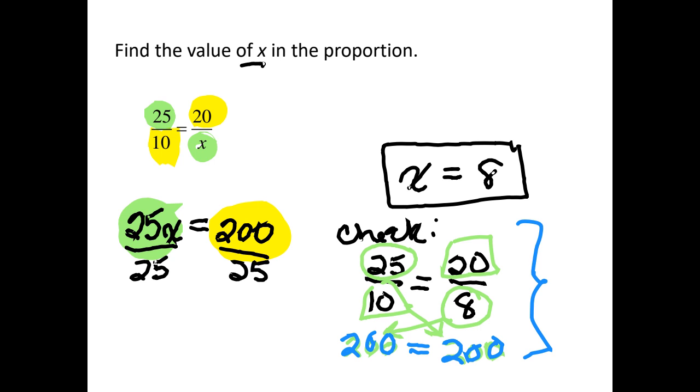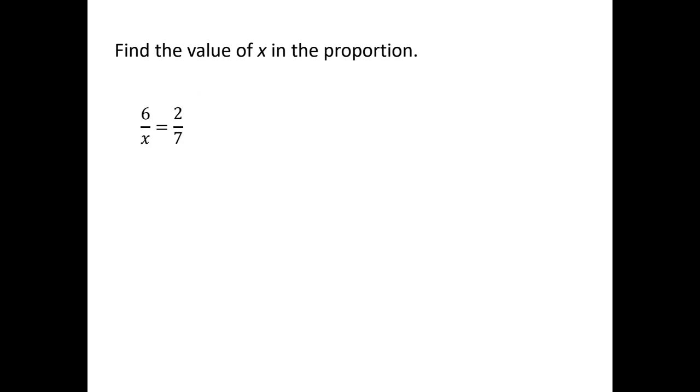Now, here we go. Second one. Where's x this time? Right here. Now, this is going to require that I take the 6 and the 7 first, and I'm going to multiply them. They are going to give me 42.